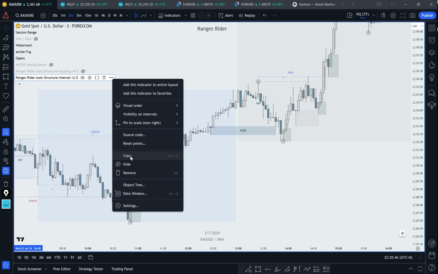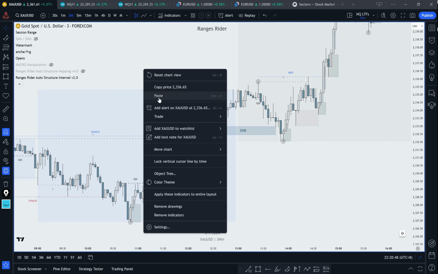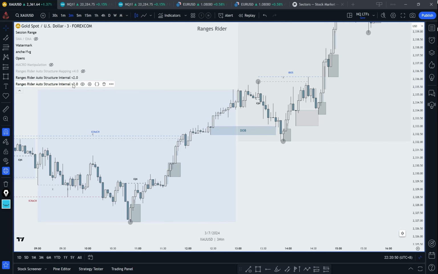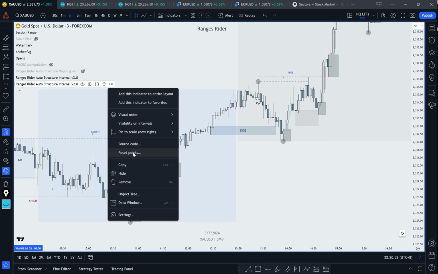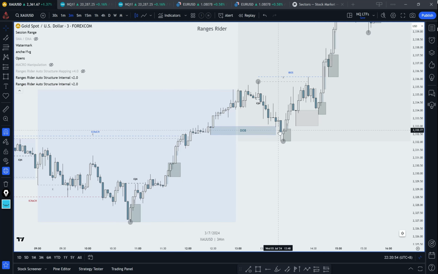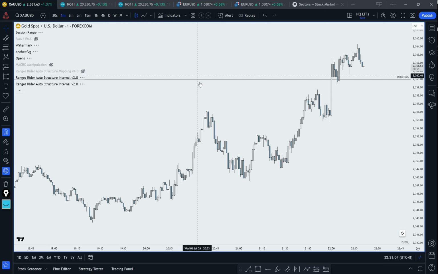Then I just copy this one and paste, and then I want to reset my points from this low, because I want to find the bullish ranges from this point now, right? So I will go on the 1 minute time frame.